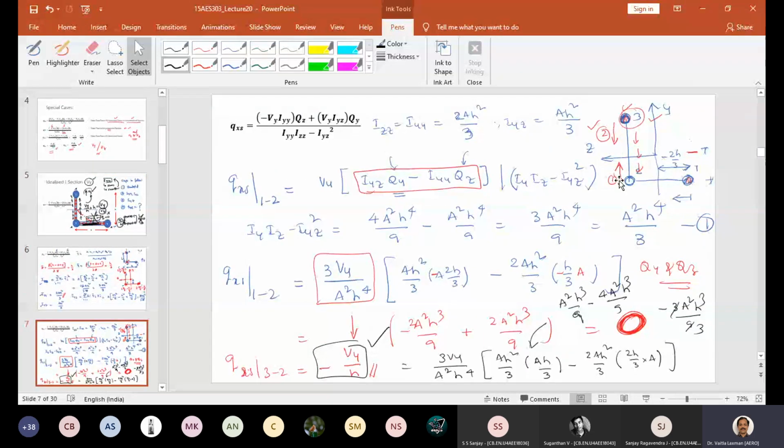But actually, your applied shear force is upward. So obviously, do you expect shear flow in this direction or opposite? Obviously in this direction. So that's the reason it's giving negative. So change the direction. Downward with negative is equivalent to upward positive, isn't it? Yes, sir. That's it.